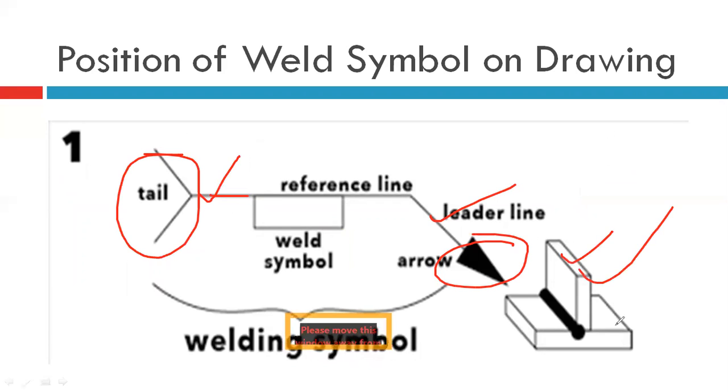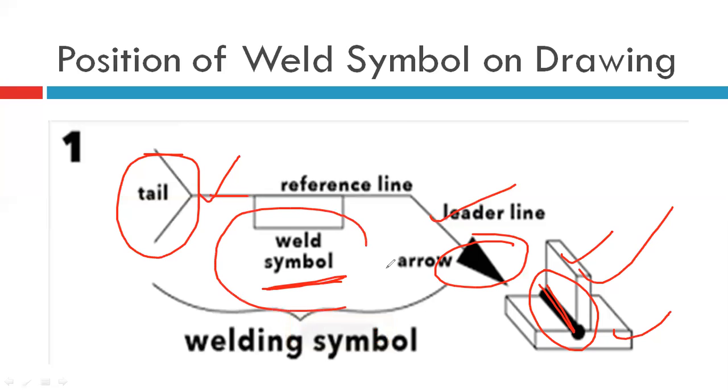This vertical plate and the horizontal plate are joined to each other. And where the welding is done, this portion, right? With the help of this, we show how much the depth, how much the width, the size of the weld, and which type of weld it is. Everything is mentioned with the help of a drawing.